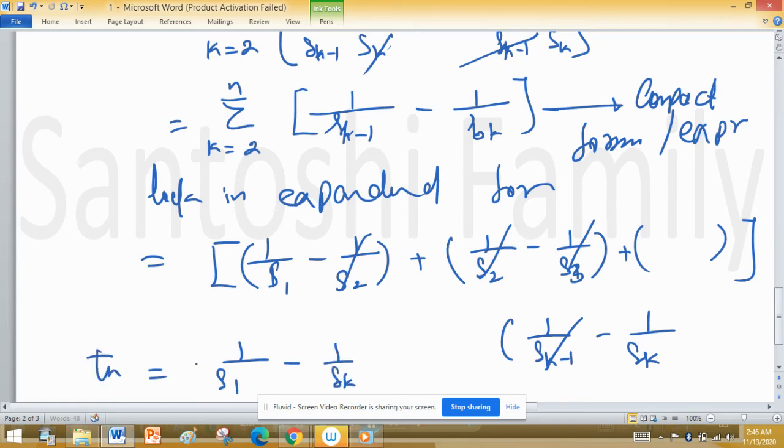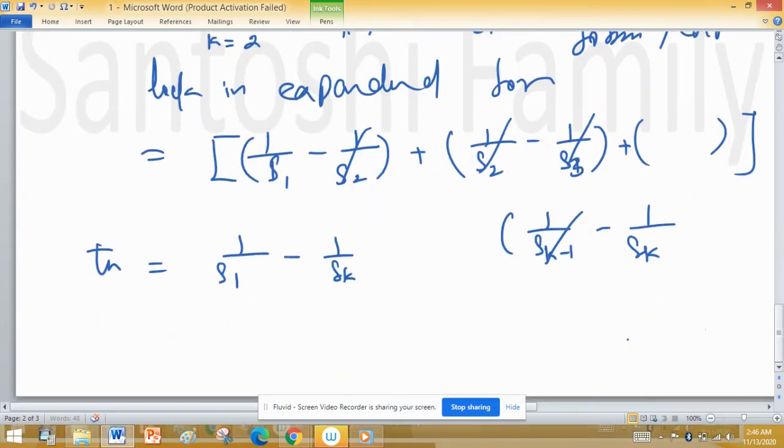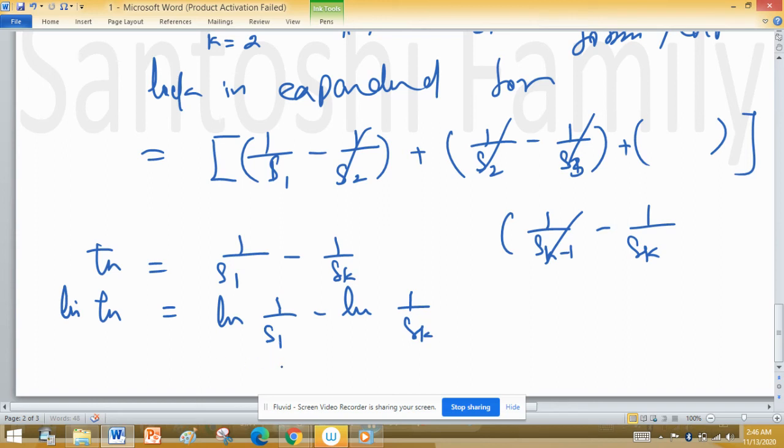Now this is Tn. We have to find the limit of Tn. The limit of Tn will be the limit of 1 upon S1 minus the limit of 1 upon Sk, and S1 is nothing but a1, so 1 upon a1. As a1 is a positive real number, because it is given as a real sequence, 1 upon a1 is justified after taking the limit.